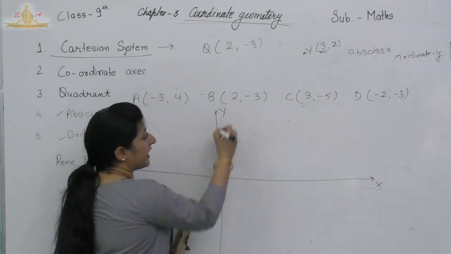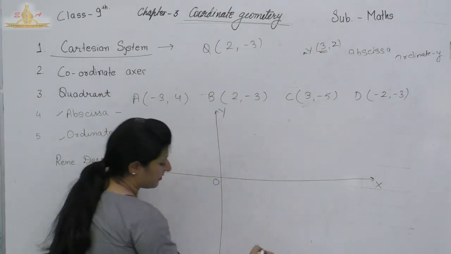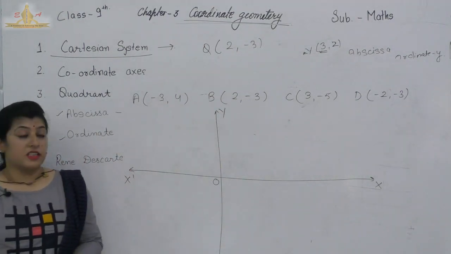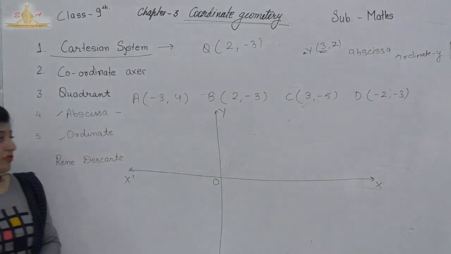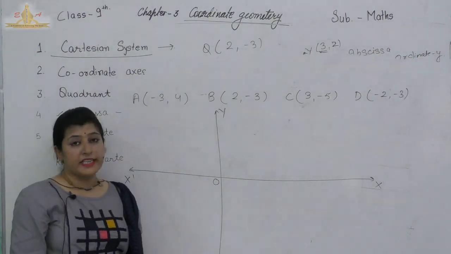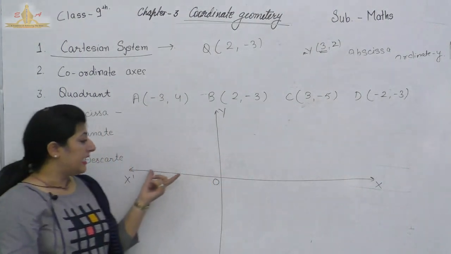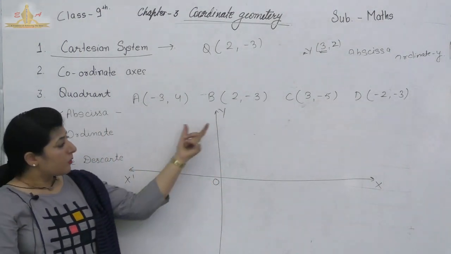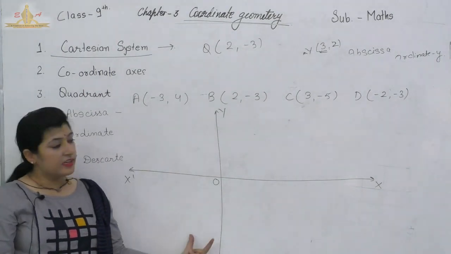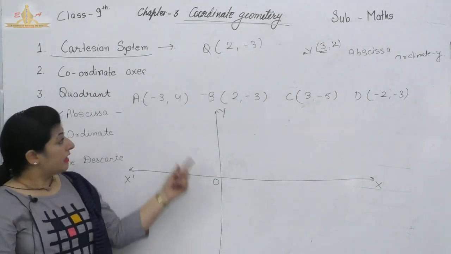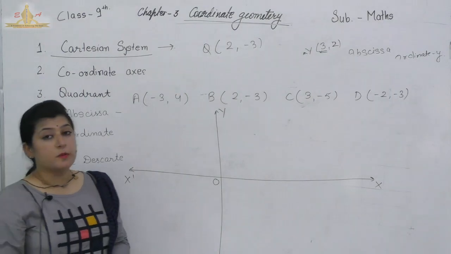This vertical axis is called the y-axis, so we show it by y or y dash. This one is the positive x direction, negative x direction, positive y-axis, negative y-axis. Now we want to plot these points.